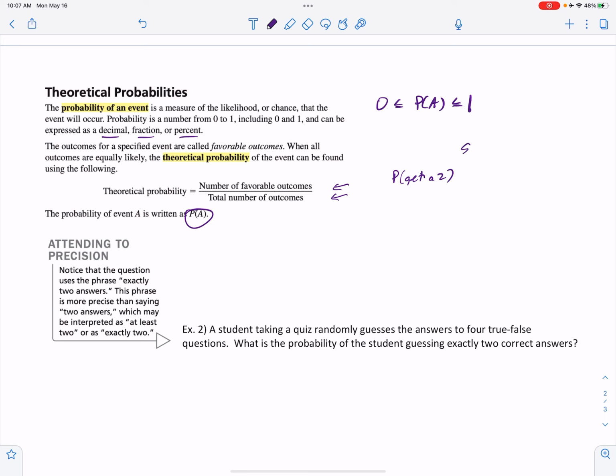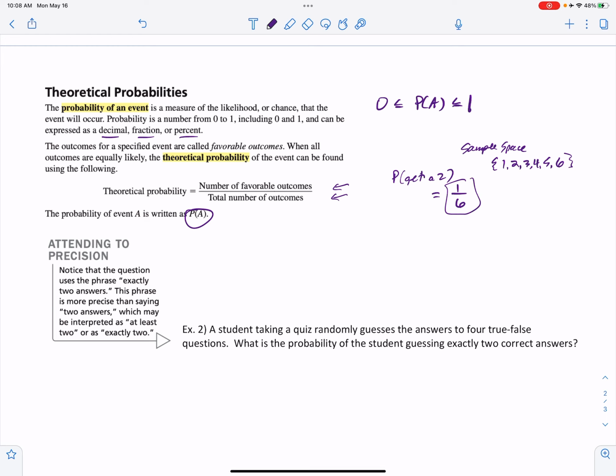Well, your sample space is just 1, 2, 3, 4, 5, or a 6. And so how many ways can you get a 2? 1 out of how many in the sample space? And your probability of getting a 2 is 1/6.